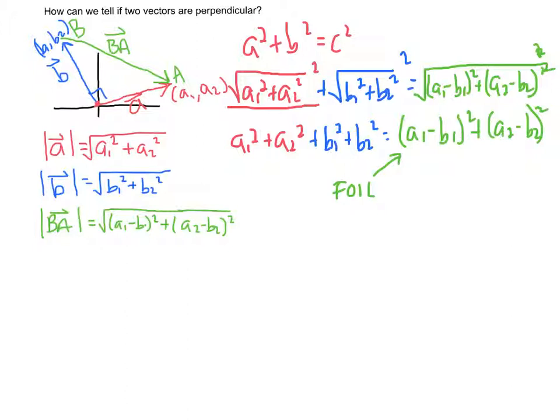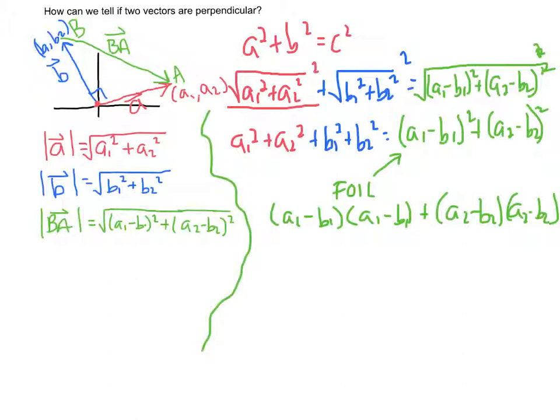So we get A1 minus B1 times A1 minus B1, and then plus A2 minus B2 times A2 minus B2. I'm going to separate this so I can tell that I'm working over here. We get A1 squared minus 2 A1 B1 plus B1 squared.